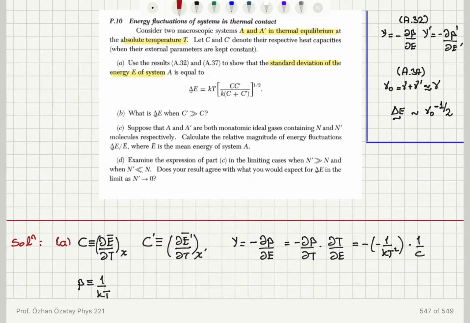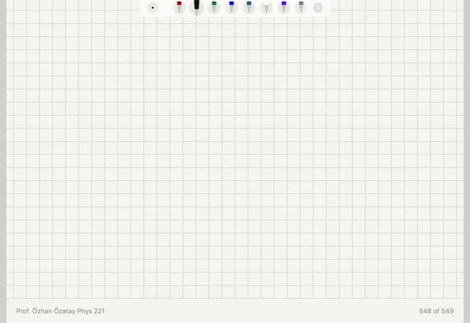So the minus sign would disappear, and I would find that what I'm calling gamma is 1/C kT squared. Similarly, gamma prime would be 1/C prime kT squared. They have the same temperature because they're at thermal equilibrium. So what I call gamma 0 would be gamma plus gamma prime. This is 1/kT square times parentheses 1/C plus 1/C prime.